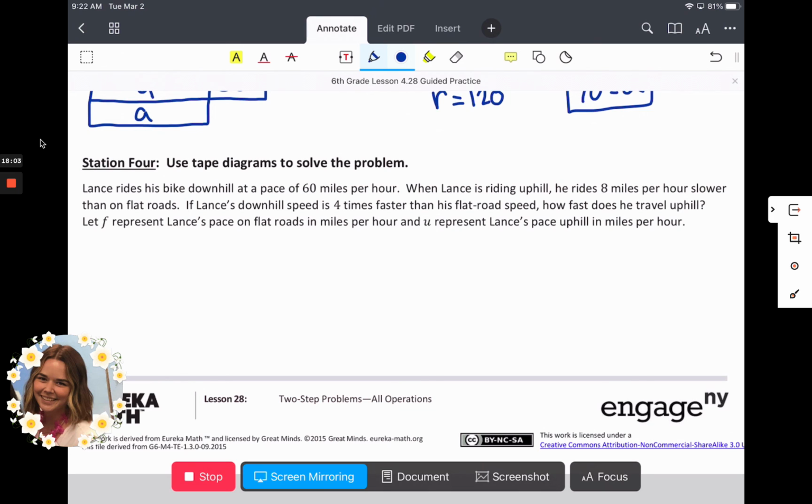All right, so let's take a look at what we know here. We know that Lance's downhill speed is 60 miles per hour. And we know that his downhill speed is 4 times faster than his flat road speed. And when he's riding uphill, he's 8 miles per hour slower than when he's on flat roads.